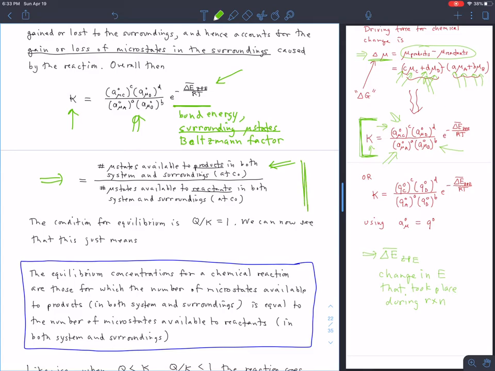All that K is doing is keeping track of how many microstates there were to start with and how many microstates there were at the end, and taking the ratio of those two things.